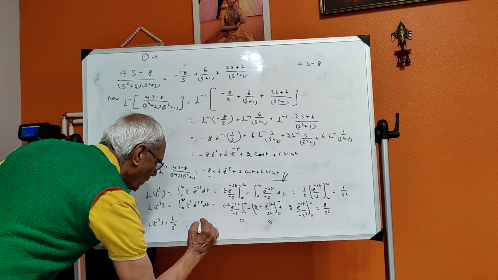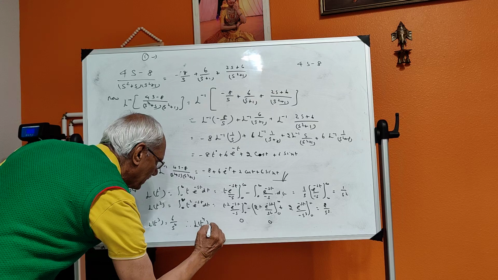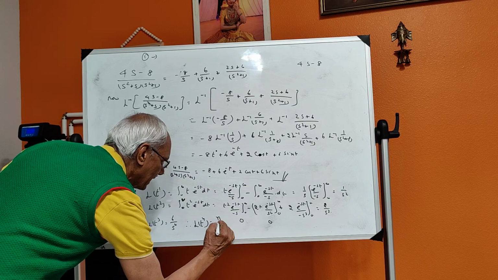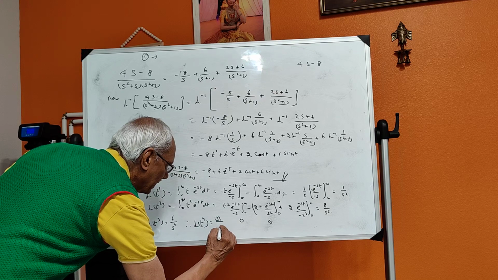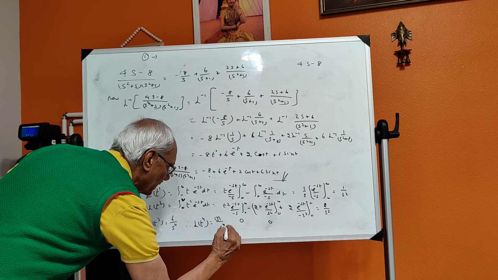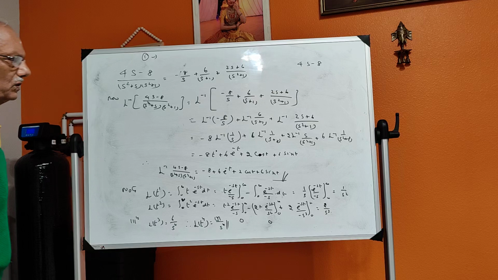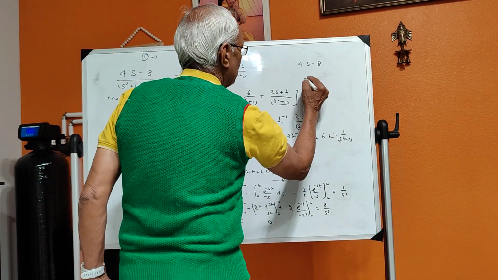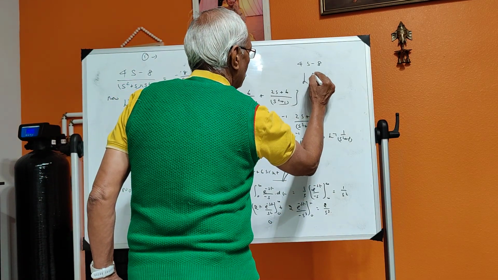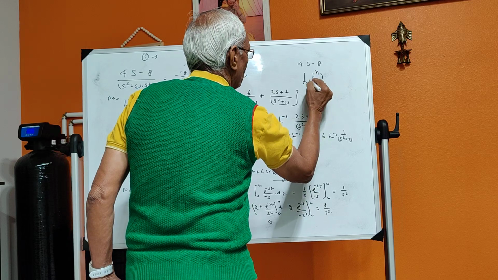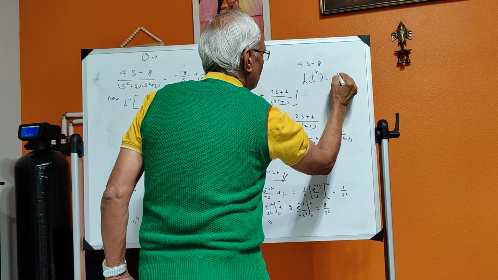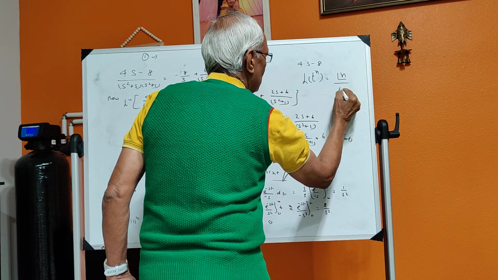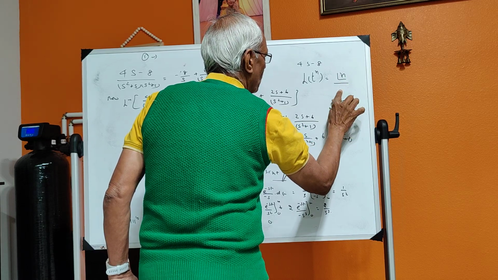Therefore, L of t to the power of n will be equal to n factorial divided by s to the power of n plus 1. So, therefore, I write here L of t to the power of n is equal to n factorial divided by s to the power of n plus 1.